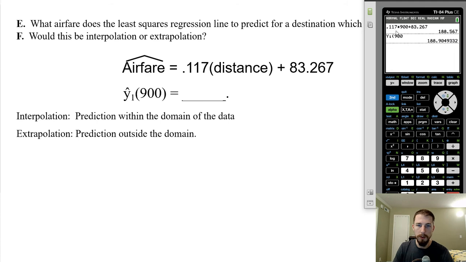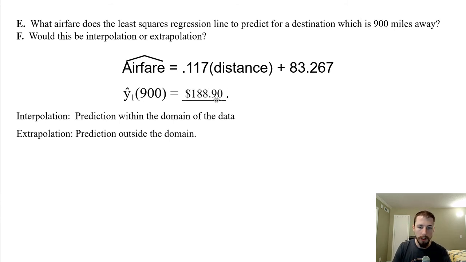If we had used all the precision that you see in here, then you would get the exact value. So it is actually better to store the regression equation and evaluate it. And we only want to use 2 decimal places because we're talking about money. We can't have less than a cent anyway.